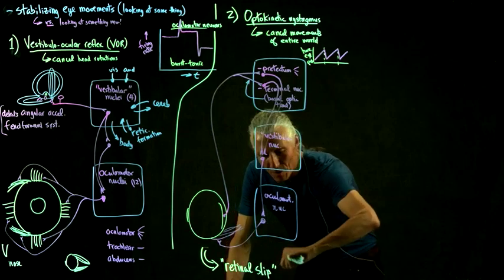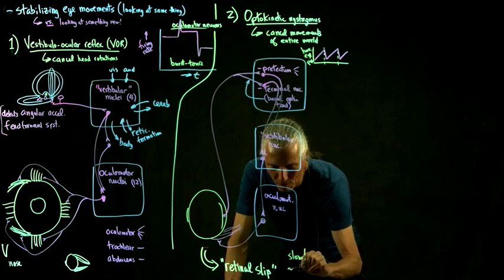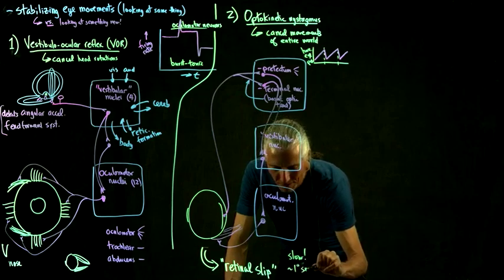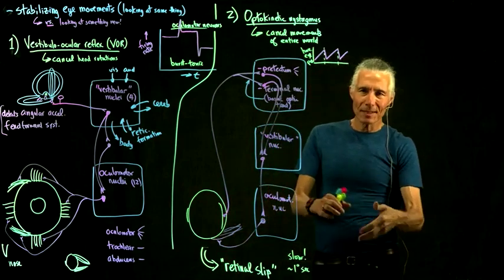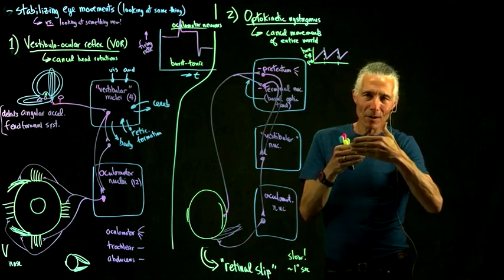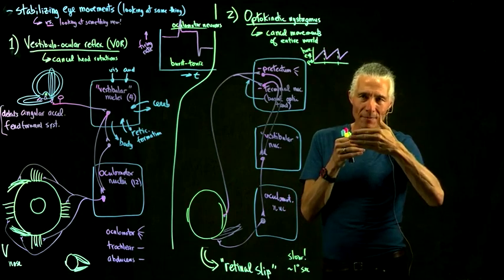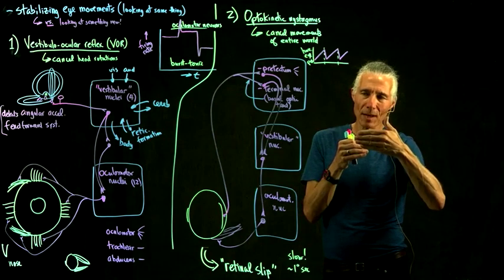And so this retinal slip is slow because you're almost stationary. It's like about 1 degree a second. So basically, once the system is cranked up, it's tracking the world, and all it's trying to pick up is the little offsets of we went a little bit too fast, and so we got a little bit of an extra rightward movement.